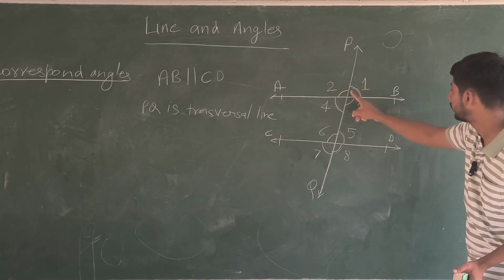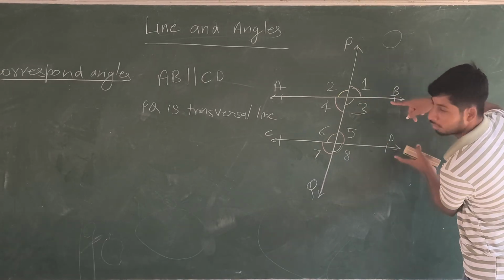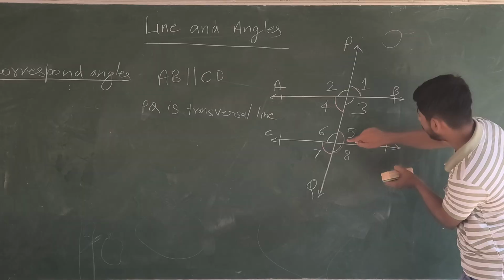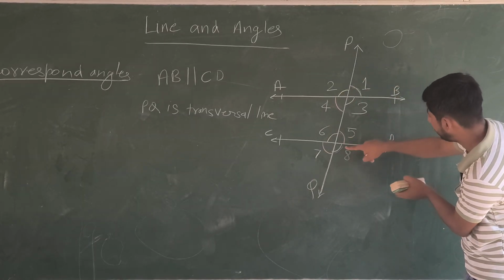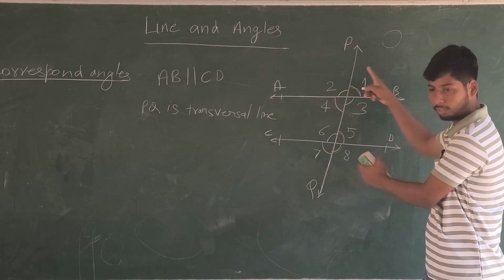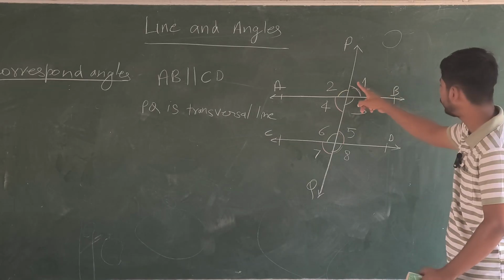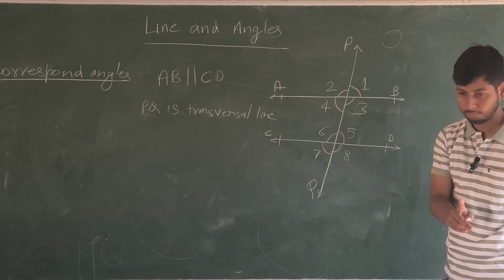Everyone notice, this is the transverse line and these are the two parallel lines. I denoted both the angles here with pink color. These two angles are above the parallel lines and on one side of the transverse line. So these two, angle 1 and angle 5, are corresponding angles.